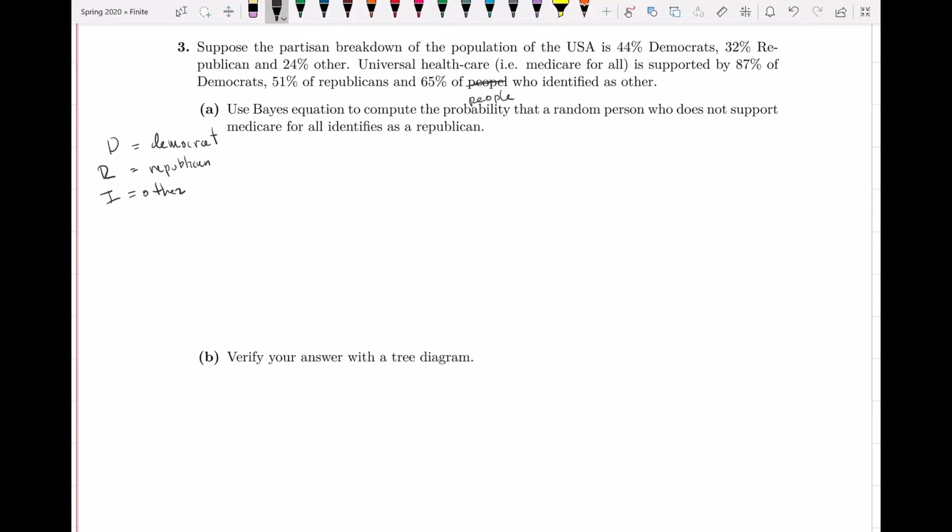Okay, and among those people, 65% of them support it. All right, so what we want is the probability of being a Republican, given that you don't support universal health care. We have to assign symbols for that too.